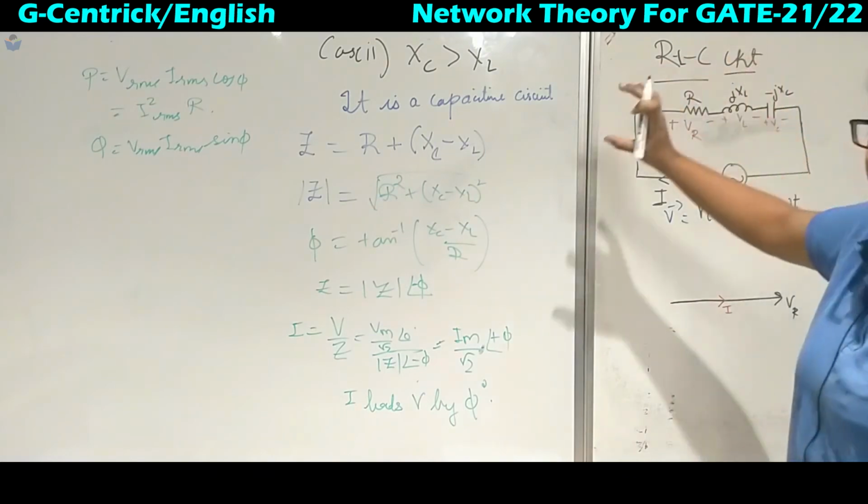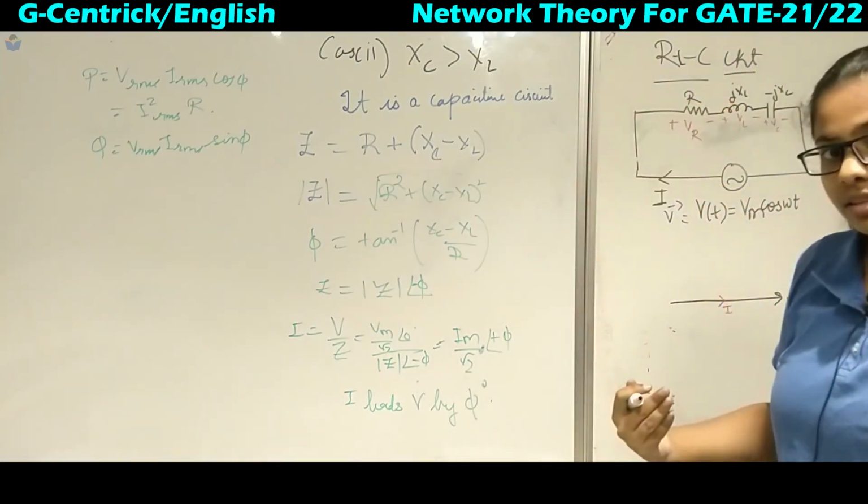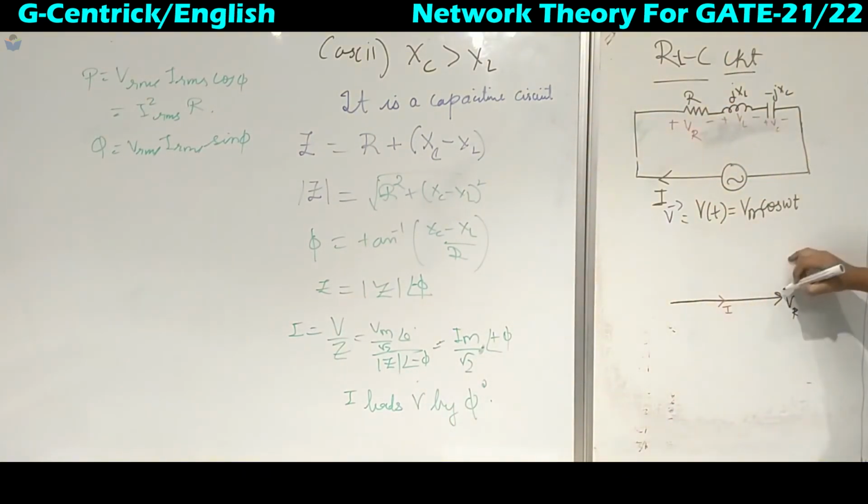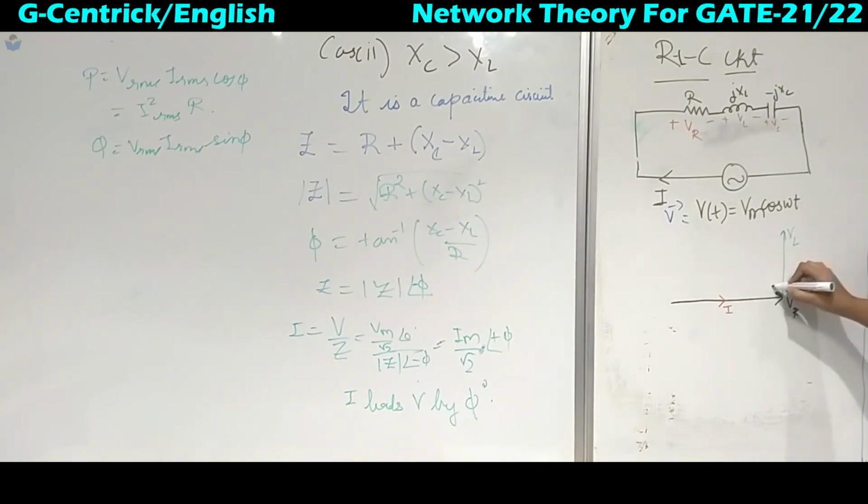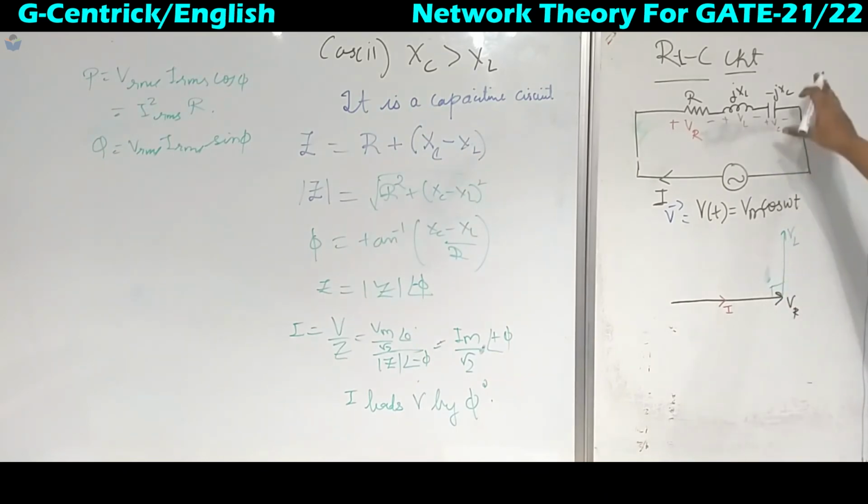But in an inductor, current always lags voltage by 90 degrees. So we will shift it because of the vector addition, and here it will be 90 degrees. Next, when it comes to the capacitor, what will happen?